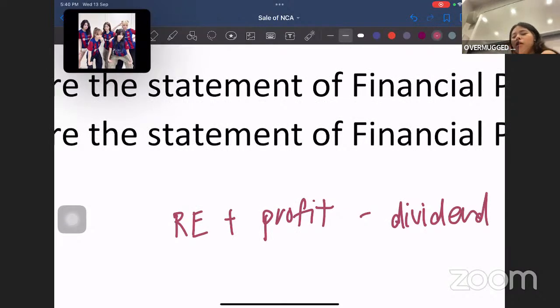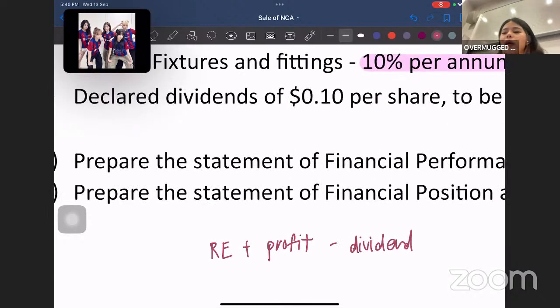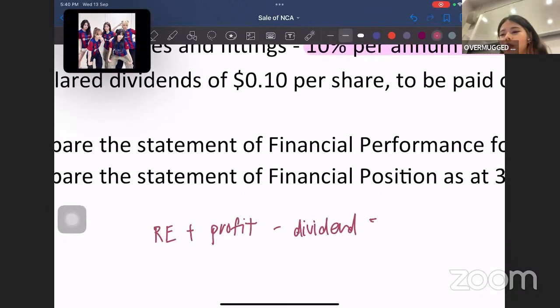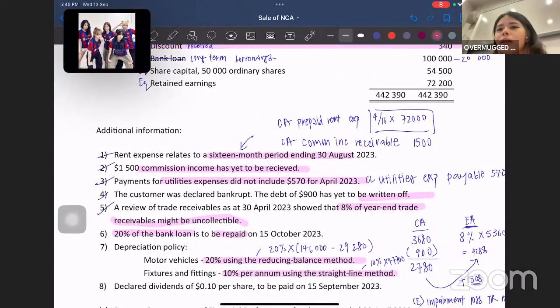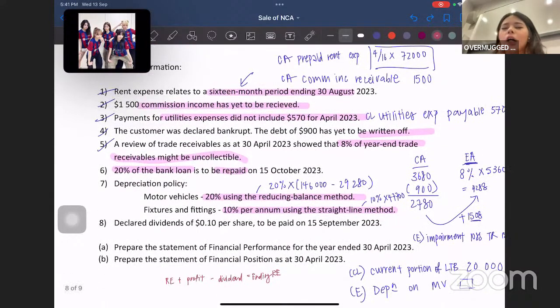Okay, retained earning plus profit minus dividends. So for here, I know that at the end of the day, this one will give me an ending retained earning. So I will have to minus it from my retained earning one, agree? Okay, so whenever I have dividends, I will need to deduct it off from my retained earning. So if you can understand this logic, whatever that we are going to do will make sense to you. Otherwise, you will find it very confusing.